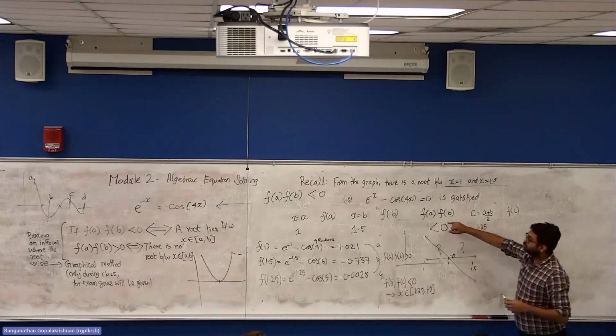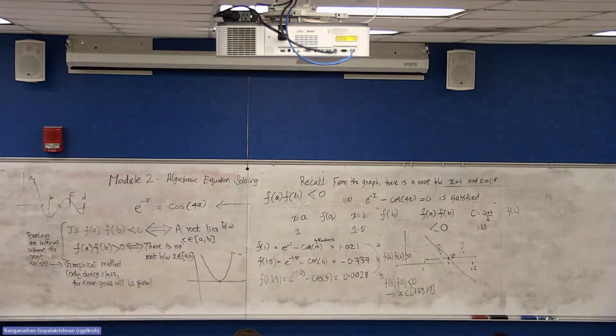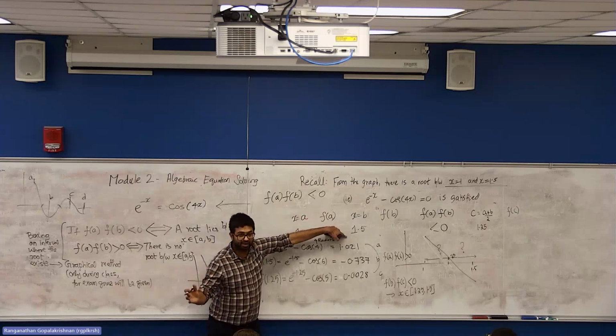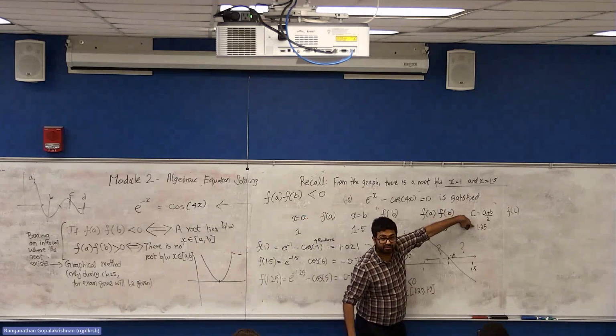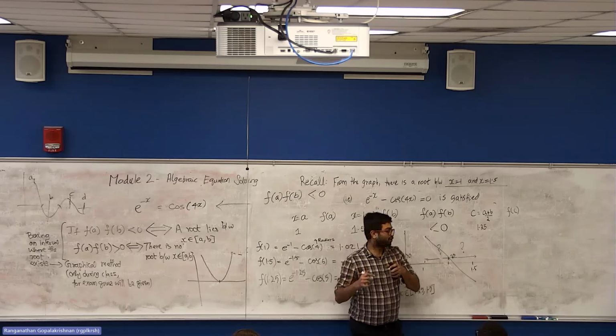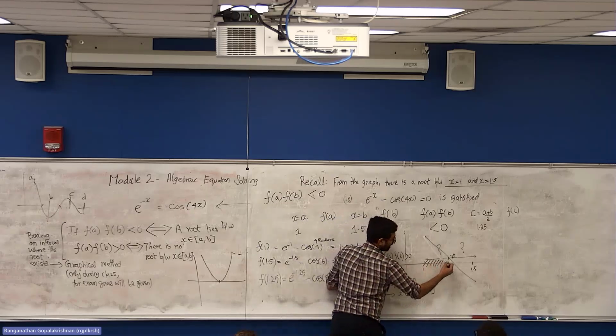Now, how will I do one more iteration of this process? What's the next iteration going to look like? I know I started with 1 and 1.5. I have now calculated a midpoint, and I have narrowed the range to between 1.25 and 1.5. So this part of the domain is not relevant anymore.